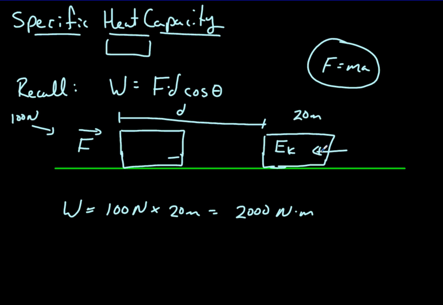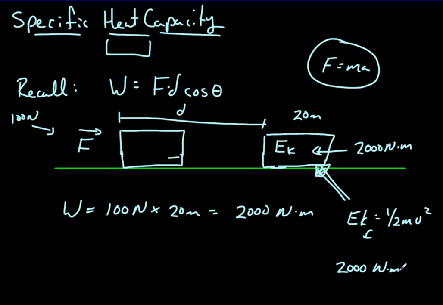Now it has some velocity. That 2000 newton meters must manifest itself as EK. And remember, the way to figure out EK is 1/2 mv squared. So all of the work got converted into kinetic energy, and therefore that must equal 2000 newton meters.